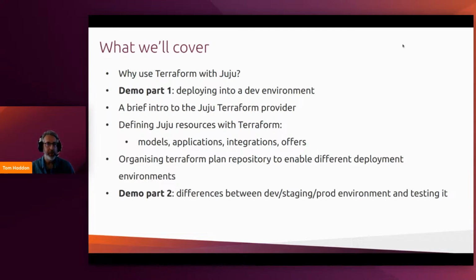Then we're going to jump straight into part one of the demo. We're going to be deploying into a development environment some of the components that you've seen in some of the previous presentations.